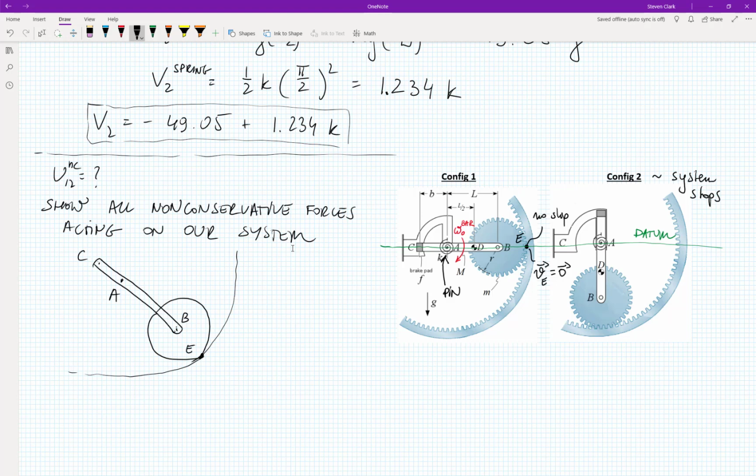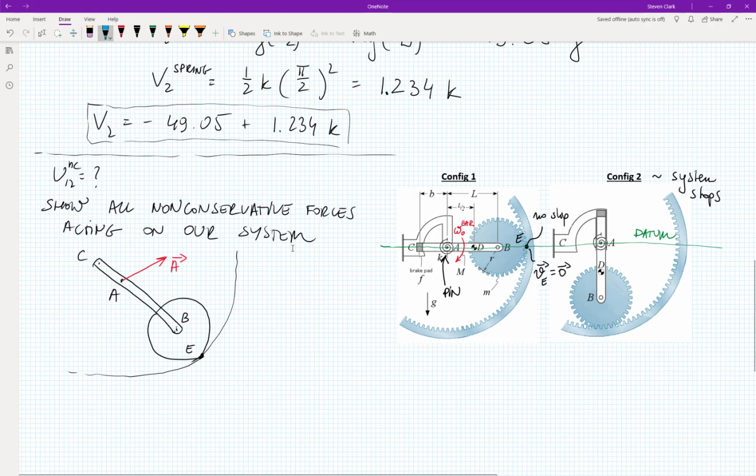Okay, guys, so what non-conservative forces act on our system? I think that there is reaction force at A. Yeah, our A is a pin. So there will be such reaction here. I also think that we will have some reaction force between those teeth of the gear, right?